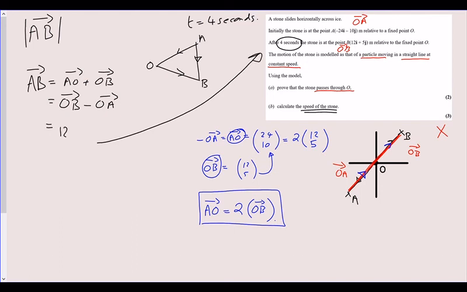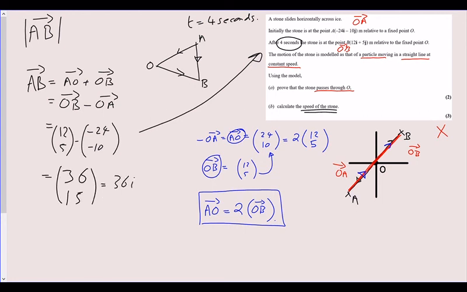So I've got 12, 5, take away minus 24 and minus 10. So that's going to give me 36 and 15 as my vector for that. So 36i plus 15j.